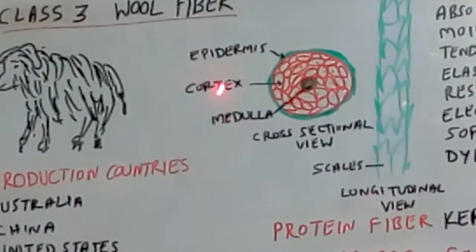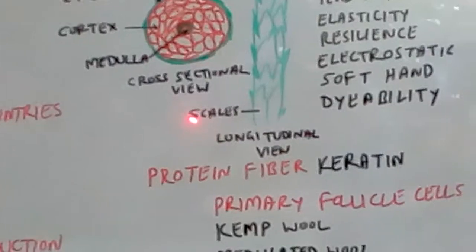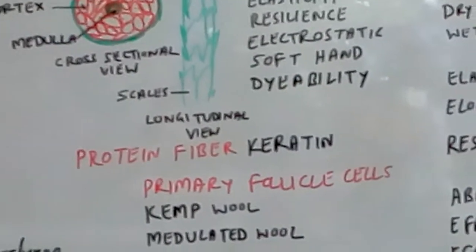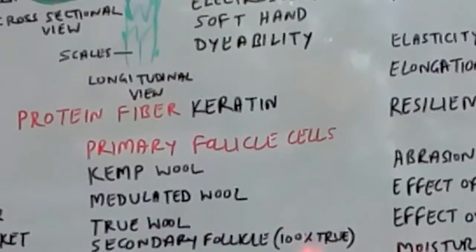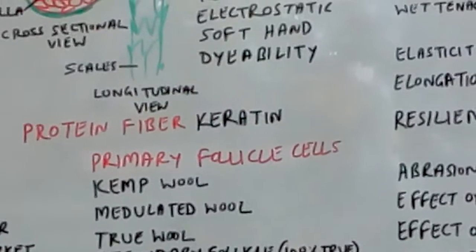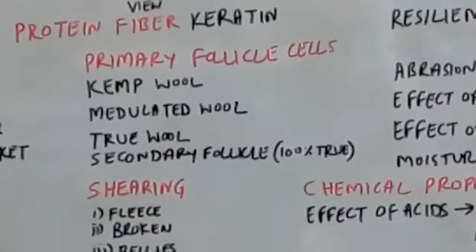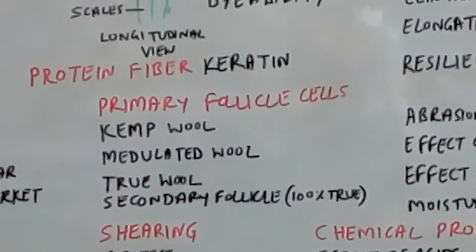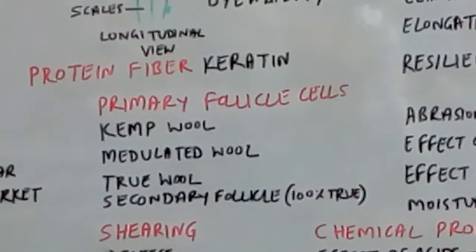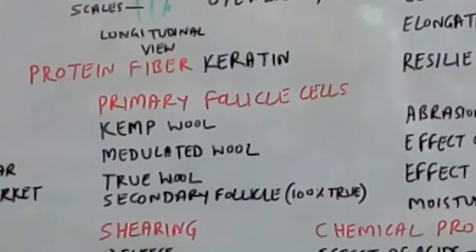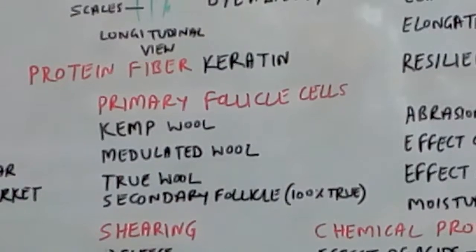And there are cells, those cells are called follicle cells. Those cells present on the skin produce the wool fiber.